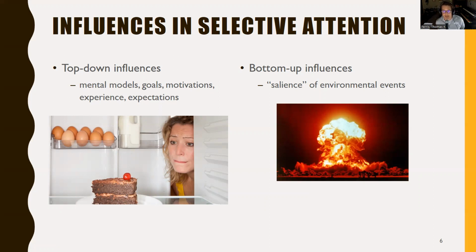Hopefully I wouldn't be expecting any sort of explosion to occur over there in this room right now. So from a top down influence reason, I'm not continuously watching over there to see if an explosion might happen. Fortunately, as I'm talking to you here, my top down influences are keeping me focused here. If there is a large explosion outside, I'm not going to miss it.